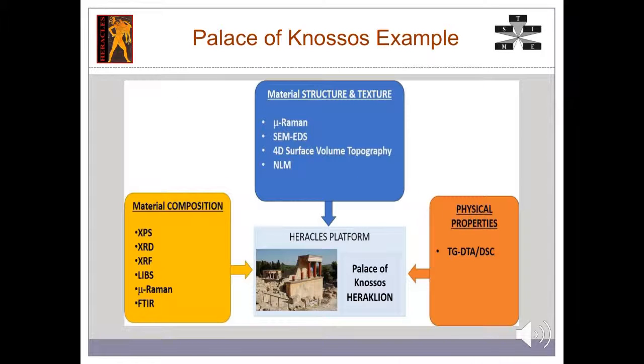In particular, the Palace of Knossos, which I mentioned was one of the cultural heritage sites we considered for Heracles. These are the instruments that were used there. You can see there's quite an array of instruments that inform the assessment of the materials there.